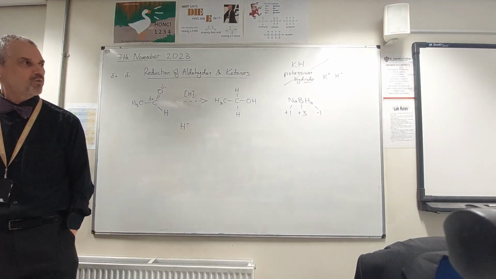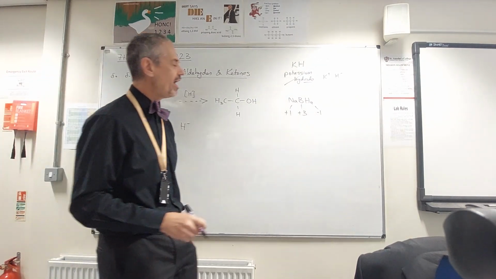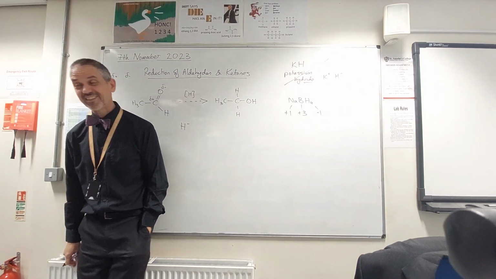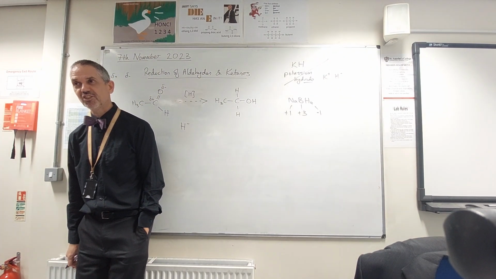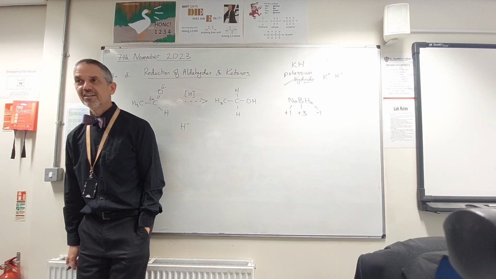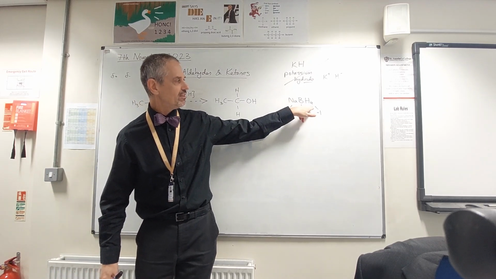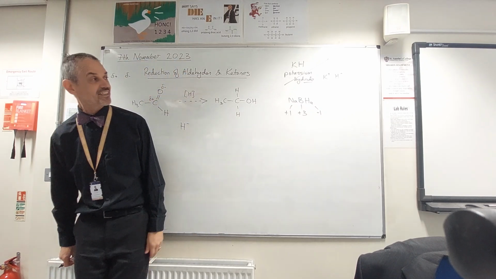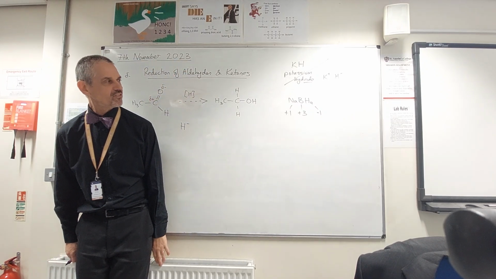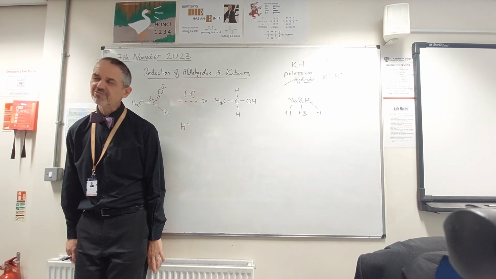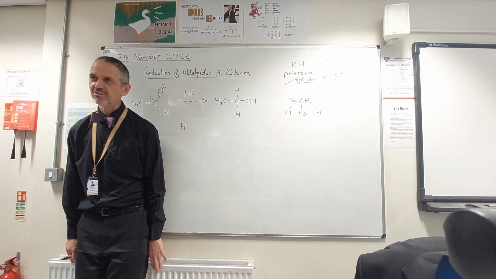What's it called? Everyone in the chemistry world calls it sodium borohydride, which is nice because it just tells it as it is. The name is actually sodium tetrahydridoborate(III), which I find a bit of a mouthful.